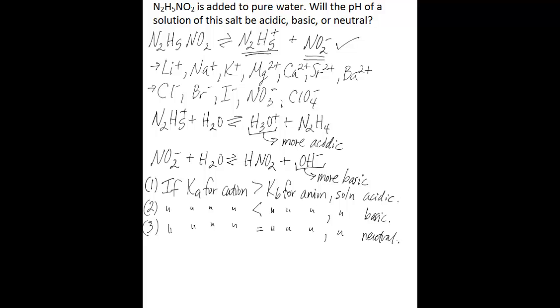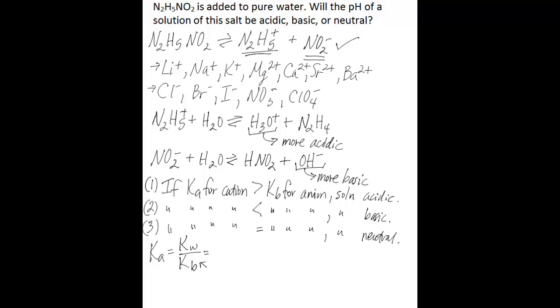In order to use these rules of thumb, we need to find the Ka for N2H5+ and the Kb for NO2-. For the Ka, we need to know the relationship that Ka is equal to Kw over Kb. Specifically, because we're dealing with N2H5+, which is the conjugate acid of the weak base hydrazine, we can use the Kb value for hydrazine in the denominator.